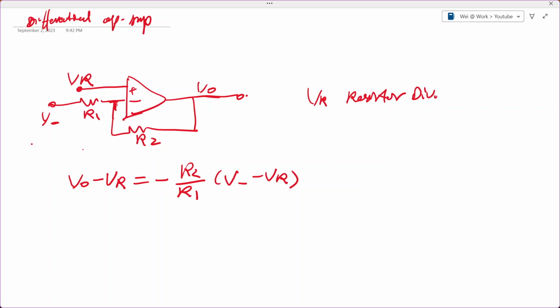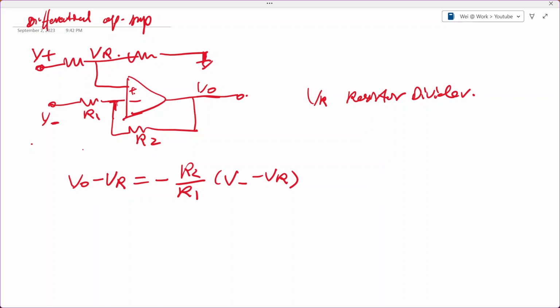So we have a resistor divider like this to the ground, and this is your VR. And now we have another input, V plus, because this is the input to the non-inverting side of the op-amp.